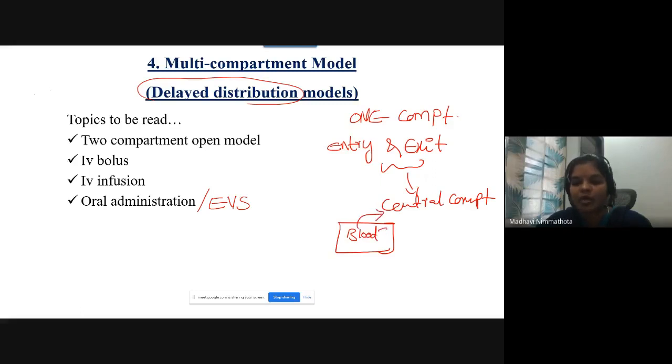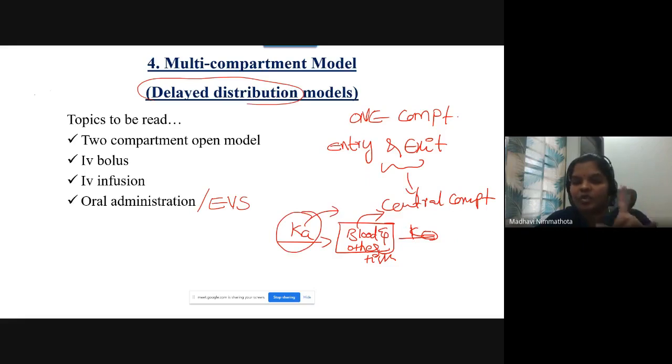Here you have blood and other body tissues, right? So here what is the process? Here we have an absorption and here we have an elimination, right? So this is all about your one compartment open model. In case of IV bolus injection, we are neglecting this absorption, so we are considering only elimination, right?